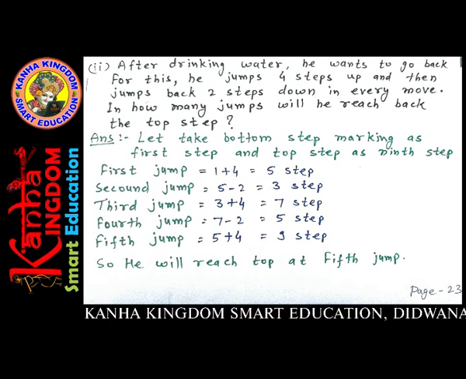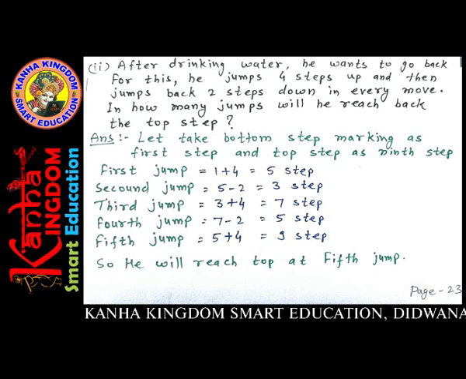Answer. Let's take the bottom step as the first step and the top step as the 9th step. When he jumps 4 steps up, we denote by +4, and when he jumps back 2 steps down, we denote by -2.